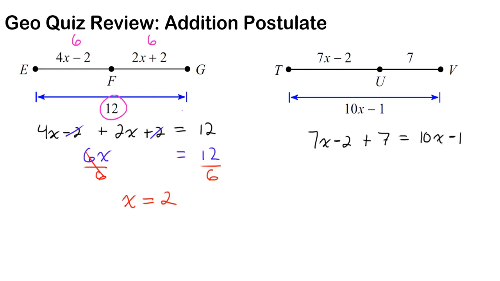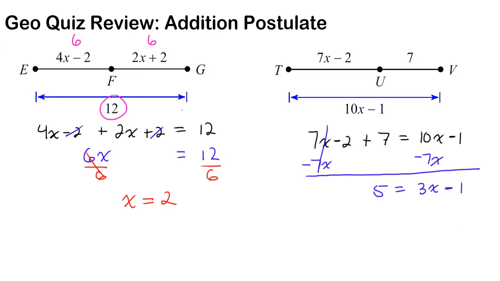So we solve here. We have variables on both sides, so I'm going to eliminate the variable of lesser value. So I'm going to subtract 7x from both sides. This leaves me with here negative 2 plus 7, which I could combine to be 5, equals 10x minus 7x is 3x minus 1.